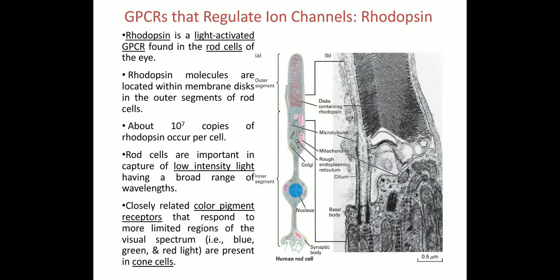Rhodopsin is a G protein coupled receptor that is activated by light, and it is localized to the membrane discs that make up the outer segments of rod cells. The trimeric G protein coupled to rhodopsin, often called transducin, that is GT, is found only in the rod cells.